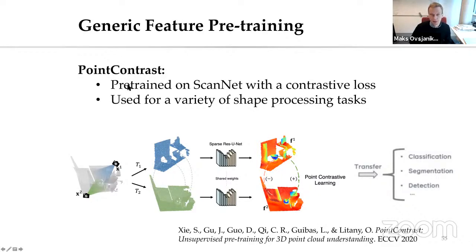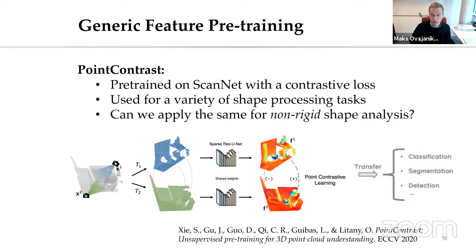In this work, they show that in many tasks for 3D shape analysis, you can pre-train powerful features by using a contrastive loss. This is kind of standard now in 2D computer vision. Then you can use it for a variety of downstream tasks like shape classification, segmentation, and detection, right?